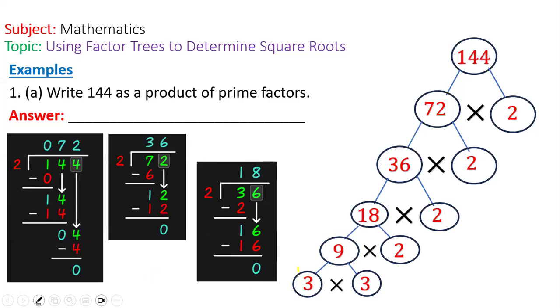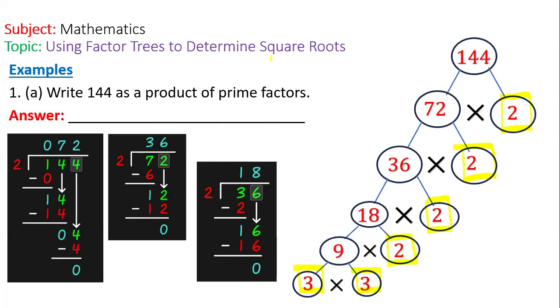So what are the prime numbers? 3, 3, right? And what else? The 2s, and all the 2s. This 2 and this 2 and this 2 and this 2, right?